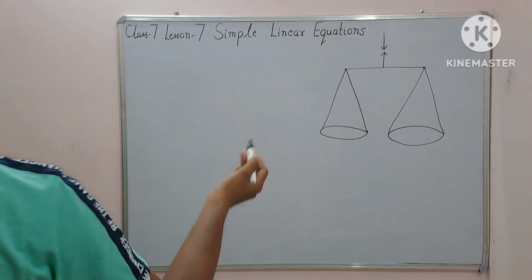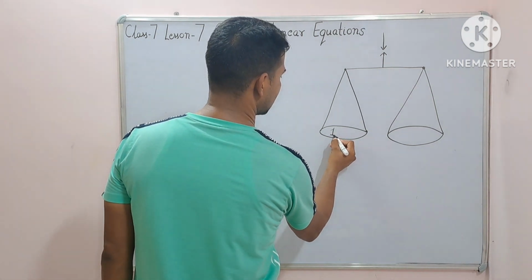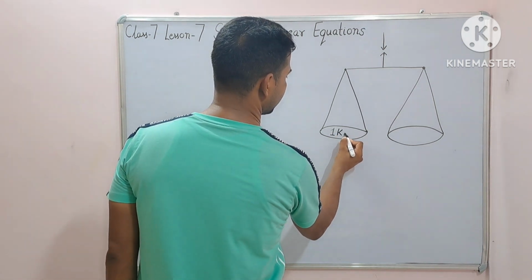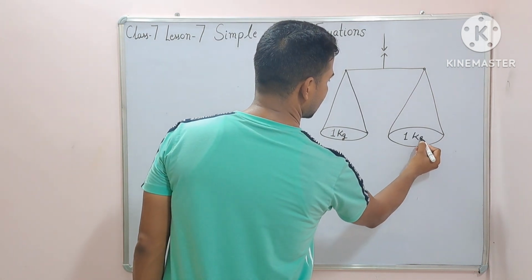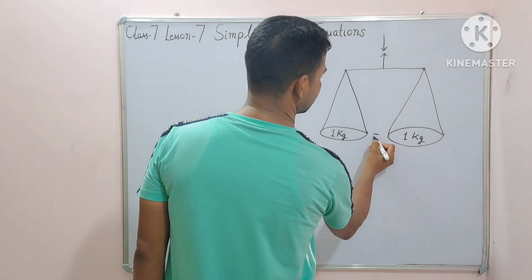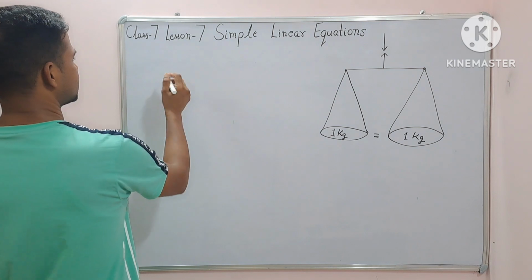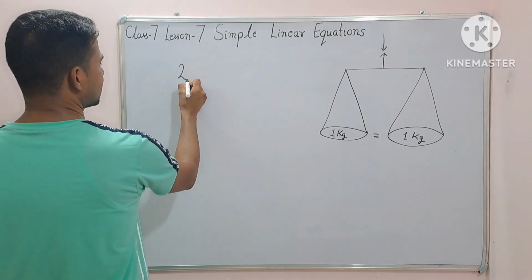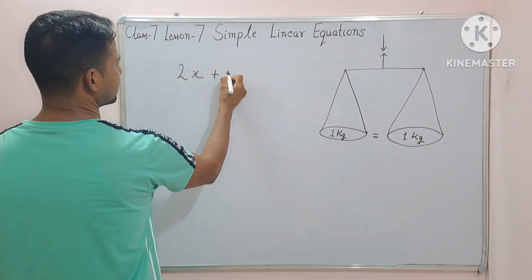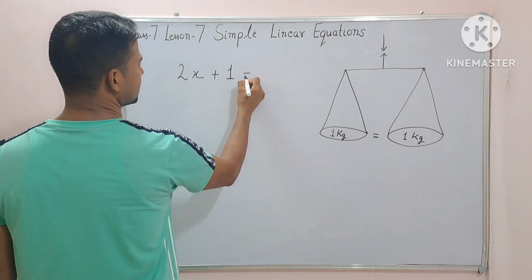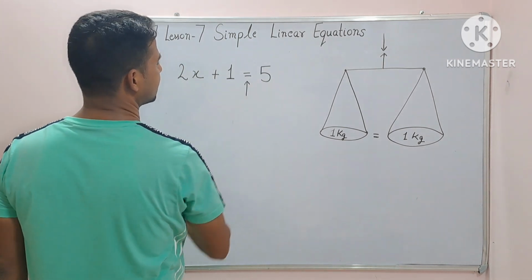Now, what is this? This is a balance. If we put 1 kilogram on the left hand side and 1 kilogram on the right hand side, 1 kilogram is equal to 1 kilogram. This is balanced. Likewise, any equation is balanced. Suppose 2x plus 1 is equal to 5. This is a sign of balance.